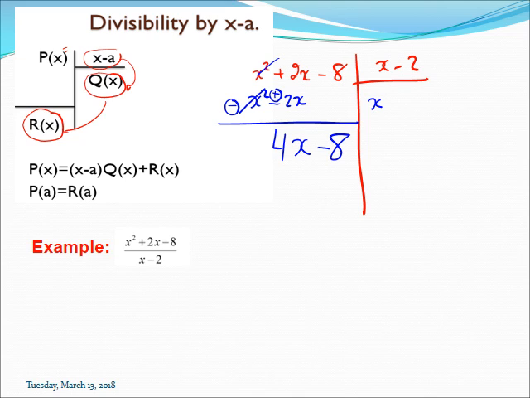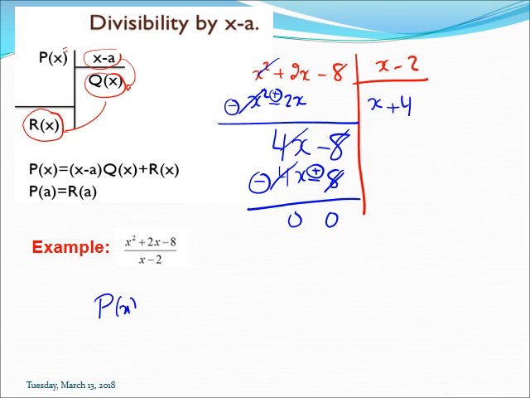Multiply x by 4 to get 4x. 4 times x is 4x, 4 times 2 is 8. Here minus and here plus. So 0 and 0. So we can say that P of x equals x minus 2 times x plus 4.